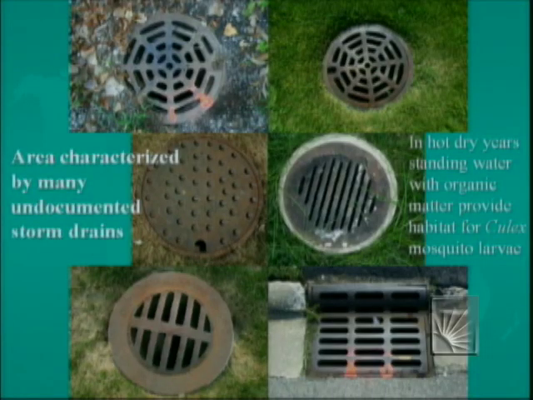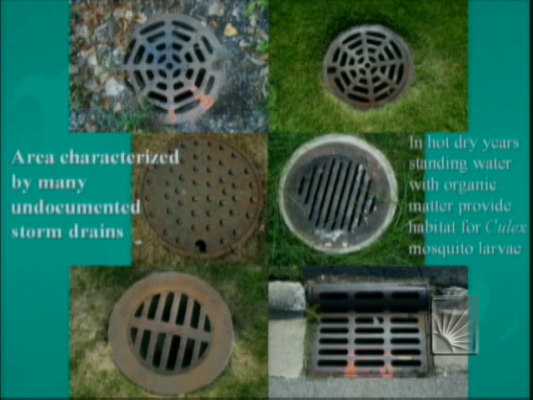So one reason, and that's all I'm going to have time to talk about regarding the weather and climate, is the issue of drainage. The area actually is characterized by a large number of undocumented storm drains. So if you go behind the houses I just showed you, there were probably alleys between the houses, and then people gradually, I guess, moved the fence and expanded their backyards, and they took over the alleys, and the storm drains were still there.